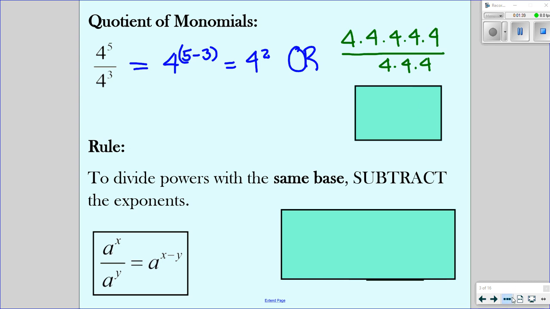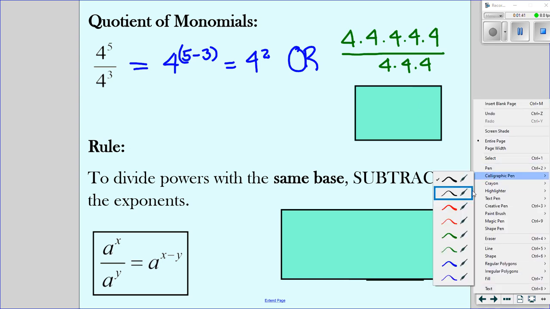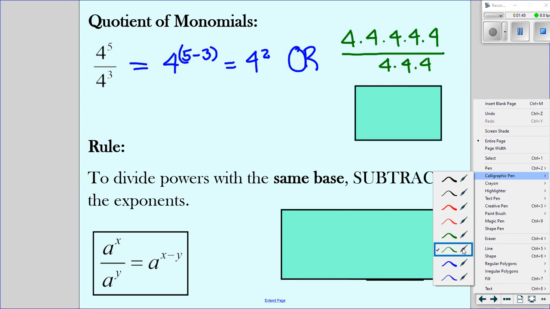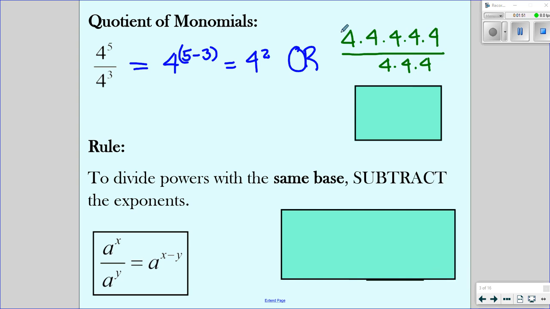I'm going to use blue instead. All right, so cancel this one, you can cancel that one. There's one here, you can cancel another one down here. Another one on top, cancel down here. What are you left with?